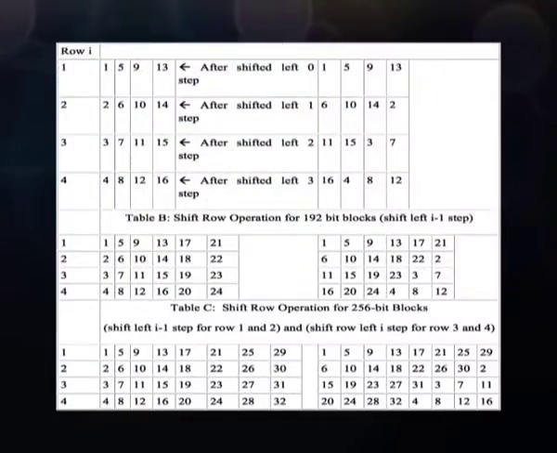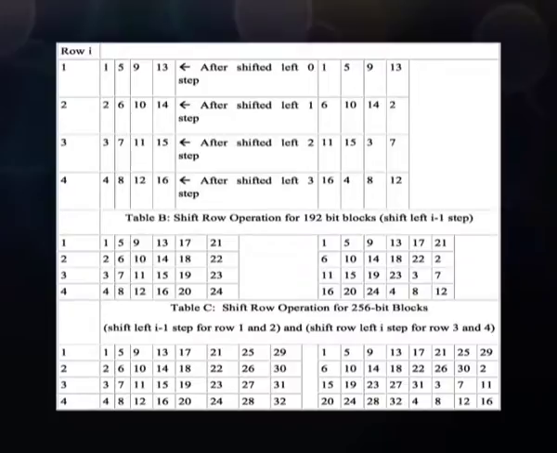Now, moving over to the second step, which is shift row. In the shift row step, assume a block is composed of 16 bytes numbered from left to right, or most significant bit to least significant bit. In the shift row operation, the numbered bytes are shifted to the positions shown in the table. That is, for 128 and 192 bit blocks, row I is rotated left I minus 1 bytes.